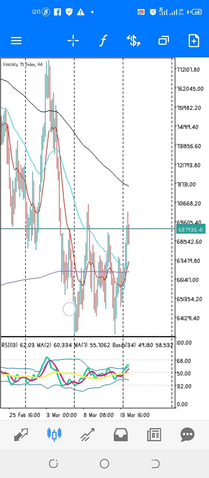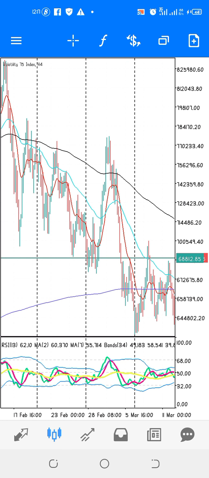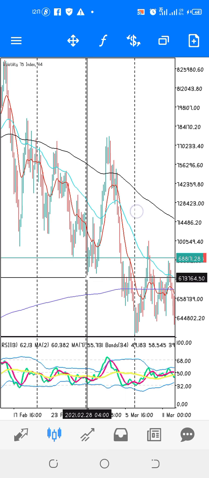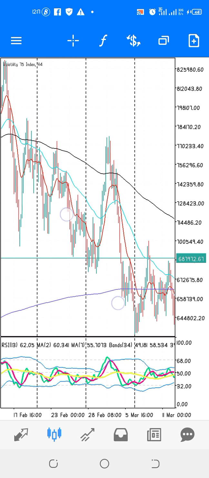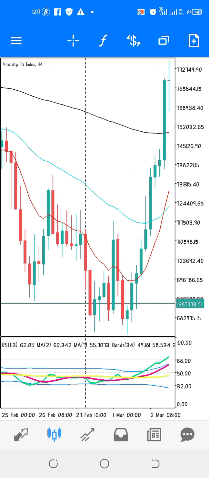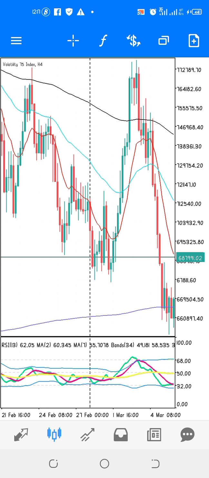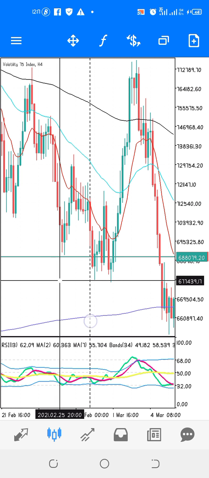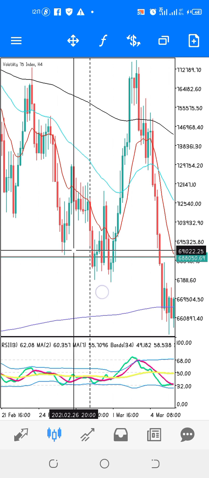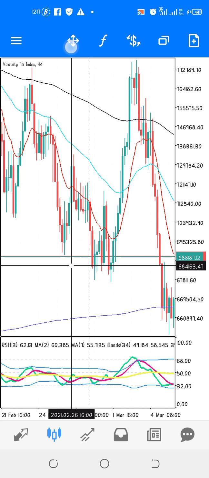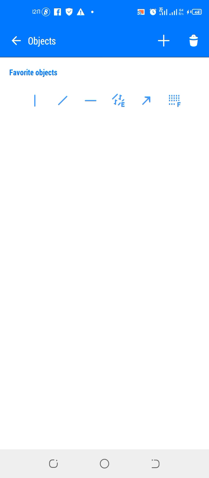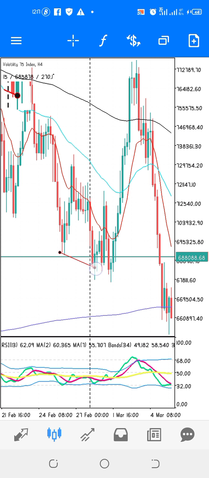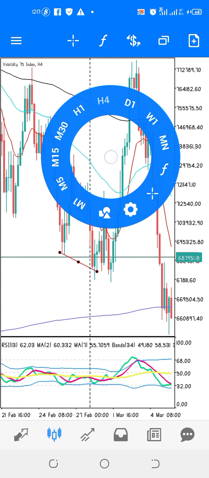Let's go to H4. Okay, I took this trade last week, this particular trade. Let us analyze it. Have you seen what is happening right here? There was first a divergence at this point, and there was divergence also at this point.